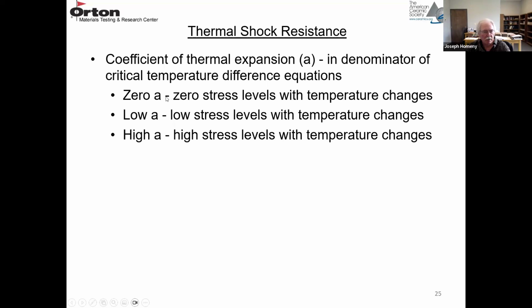This is ideal, but unfortunately, all refractory materials have a certain finite thermal expansion. So the next best thing is a low thermal expansion coefficient, so you'll develop low stress levels as you change the temperature. And if you have a high thermal expansion coefficient, you're going to have high levels of stress when you change the temperature.